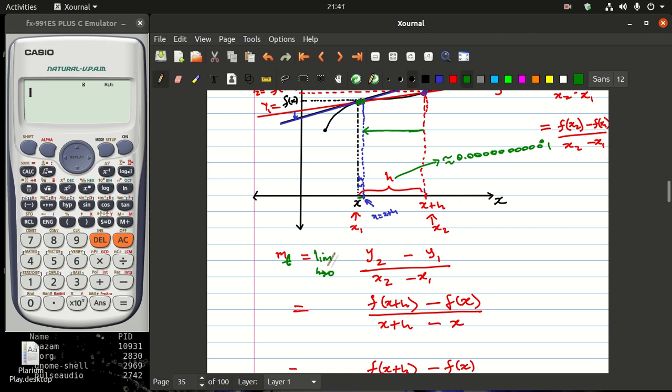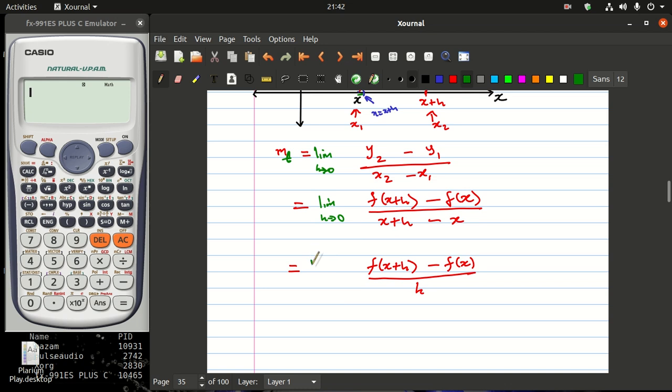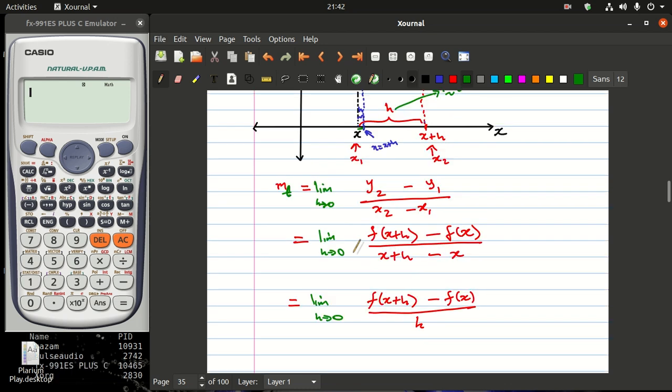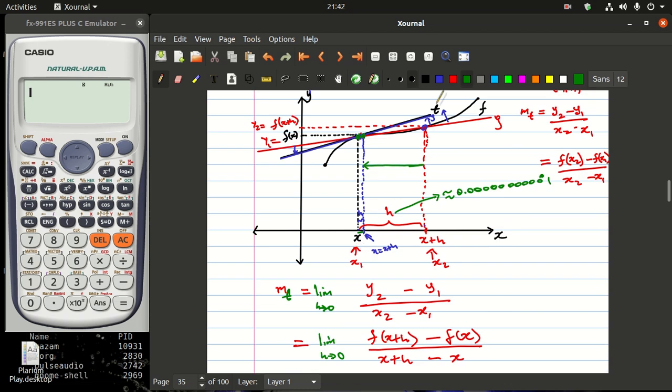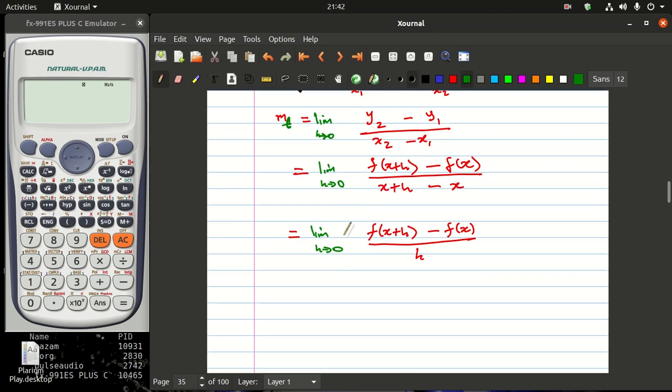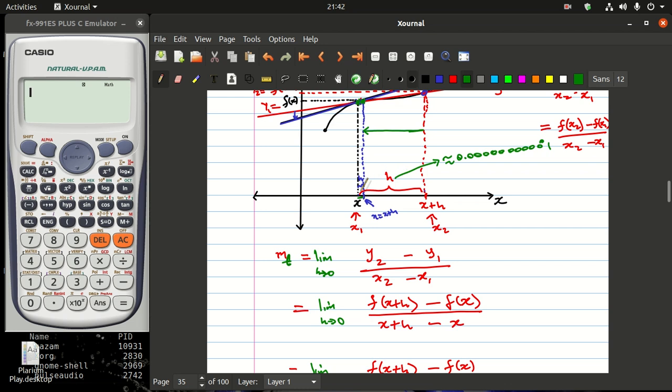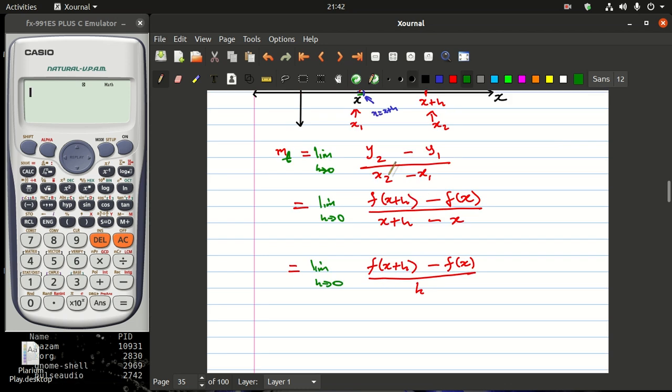H is getting closer and closer to 0 here, then this point is going to be closer. So also the same thing here, the limit as H approaches 0, and also here, we have the limit as H approaches 0. What this is saying is that to get a good approximation of this line here, we just need to make sure that this H here is close to 0.